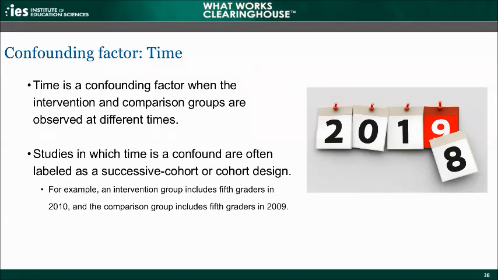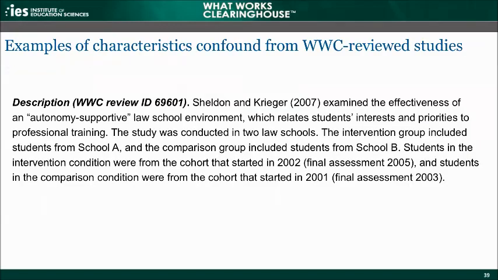So for example, an intervention group includes fifth graders in 2010, a comparison group includes fifth graders in 2009. In this case, time will be a confounding factor. So let's take a look at a few examples that we pulled out from the WWC reviewed studies. Let's go to the next slide.